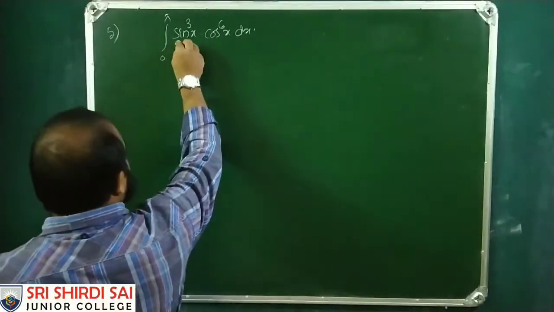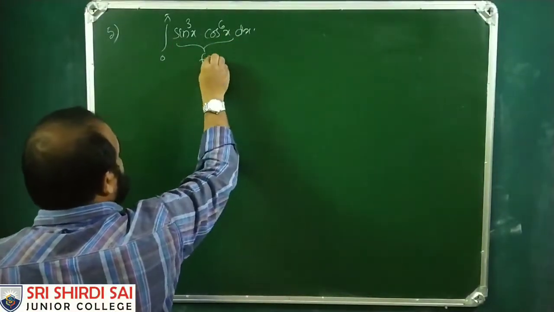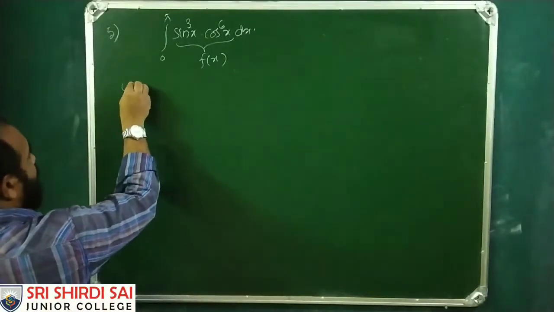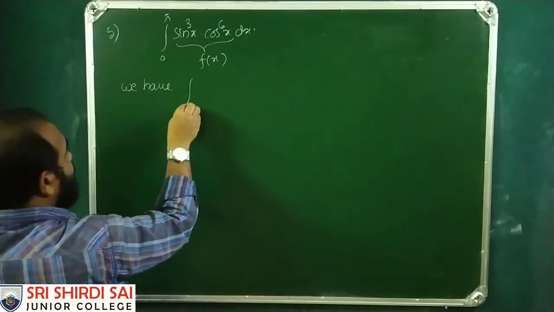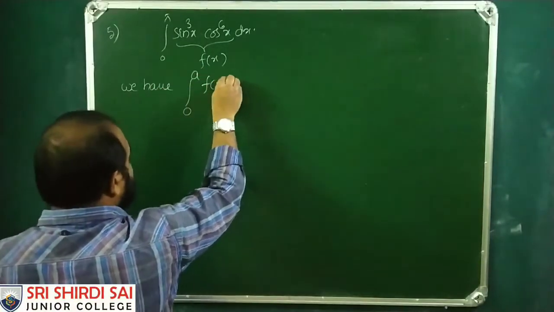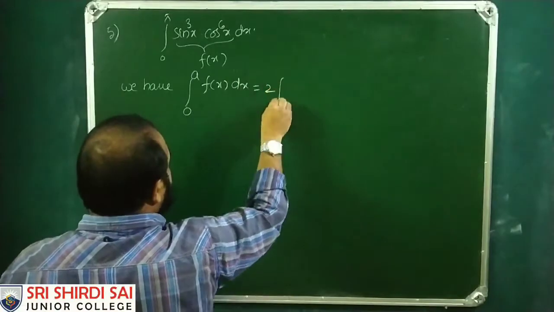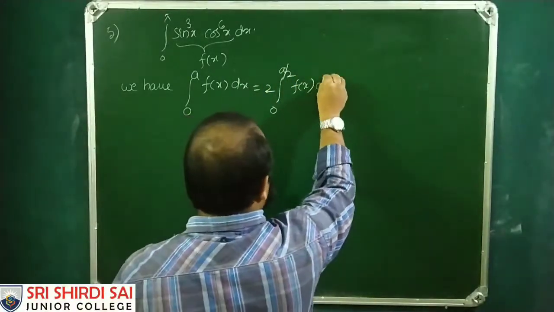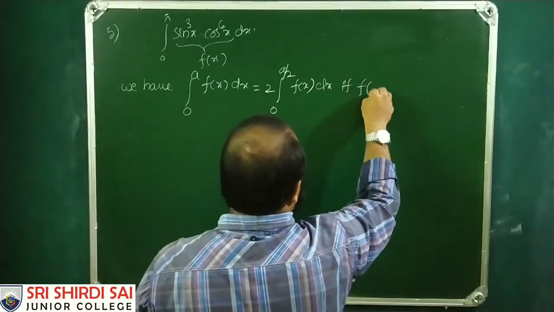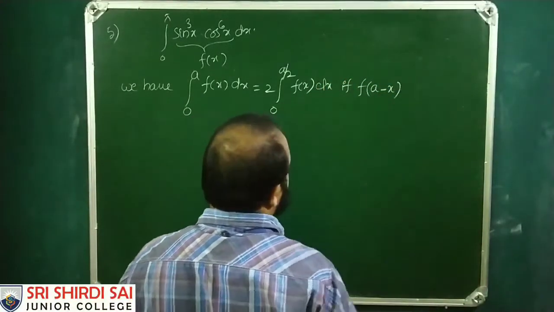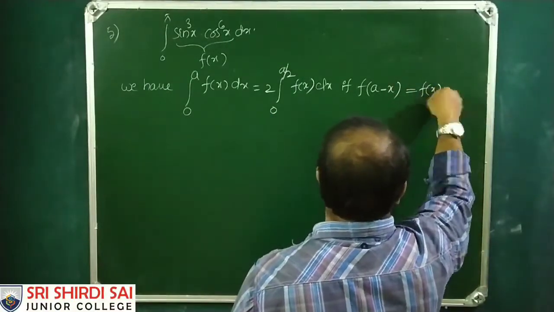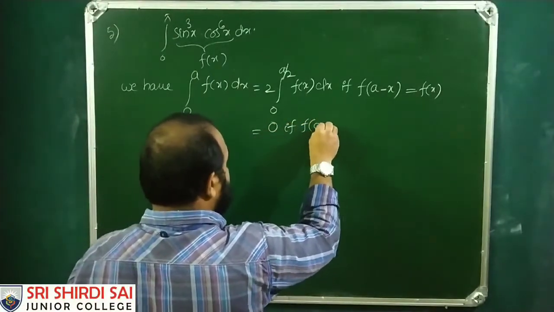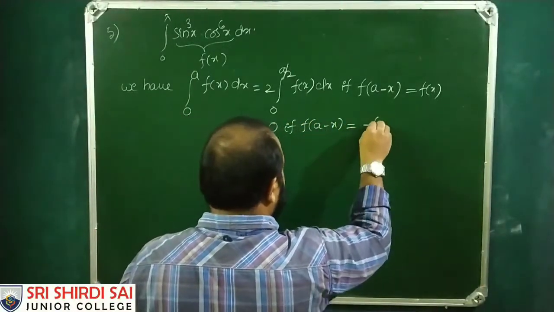So how do we do this? So this I will take as f of x. So we have a property: integral 0 to a f of x dx is equal to 2 integral 0 to a by 2 f of x dx if f of a minus x equals f of x, and the same is equal to 0 if f of a minus x equals minus f of x.